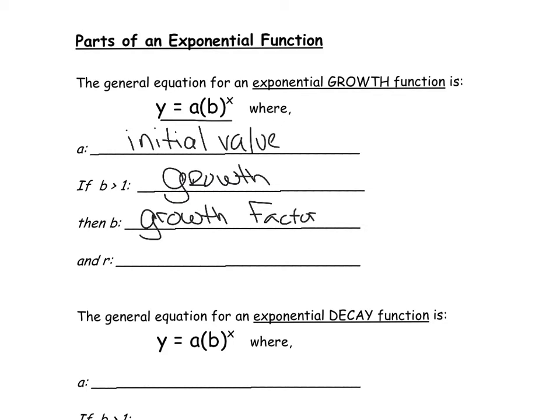That's the factor we're going to use when you're finding your next value. It's a times b to the x, so b is that factor that's being multiplied.